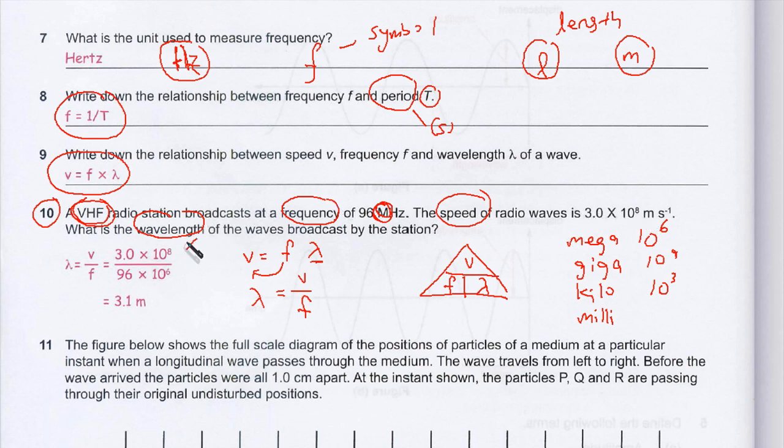The frequency is 96 megahertz, so you have to change mega to 10 to the power 6: 96 times 10 to the power 6, that is, change 96 megahertz to hertz. When you divide these two numbers, please remember to put in the brackets while pressing the calculator. You will get the wavelength 3.1 meters. So the answer is 3.1 meters.